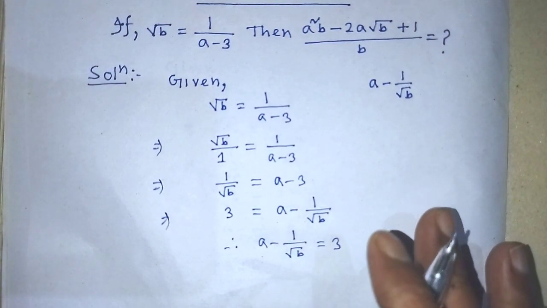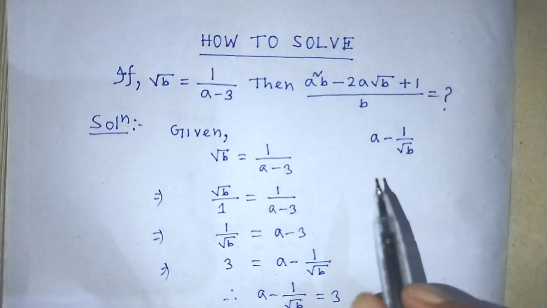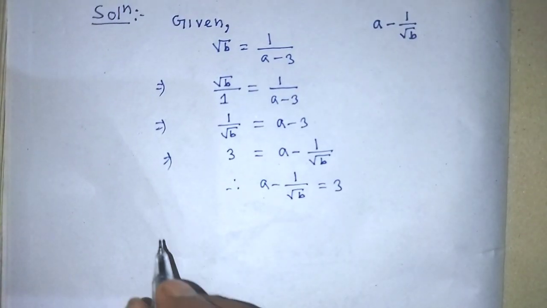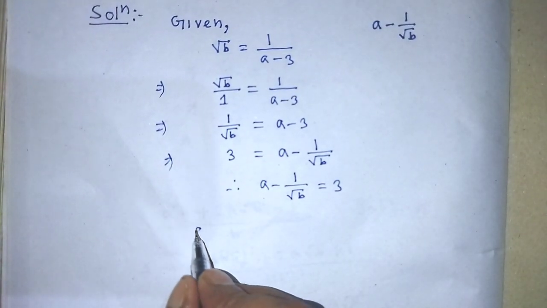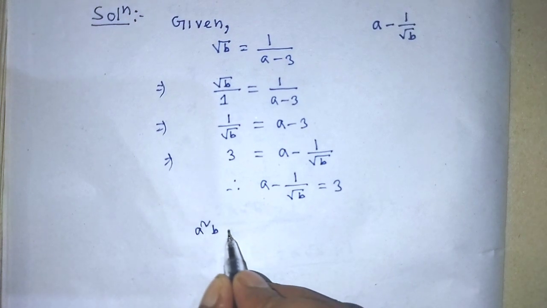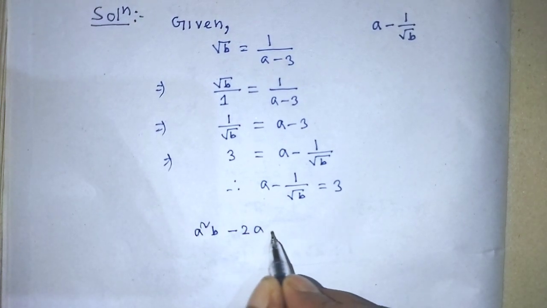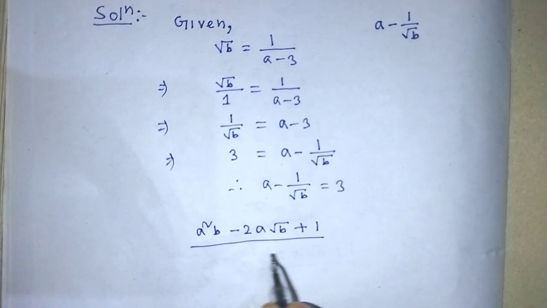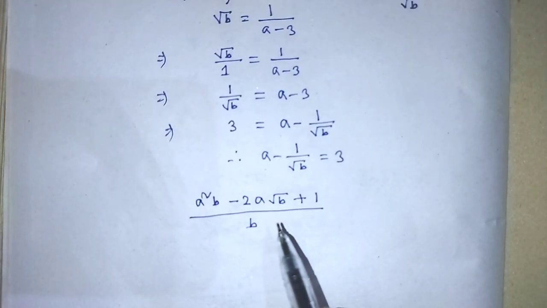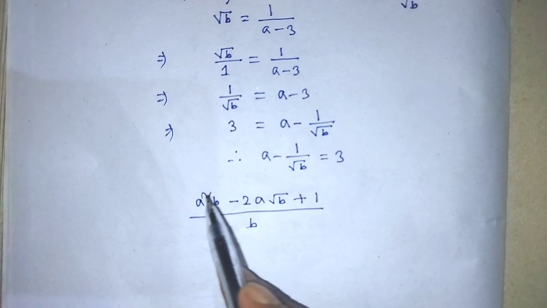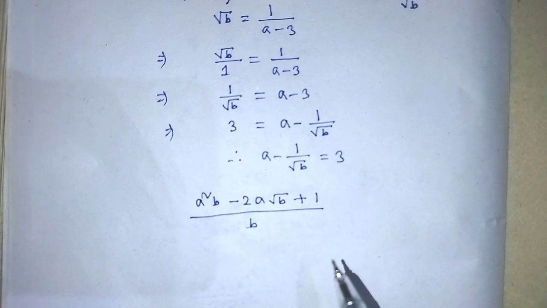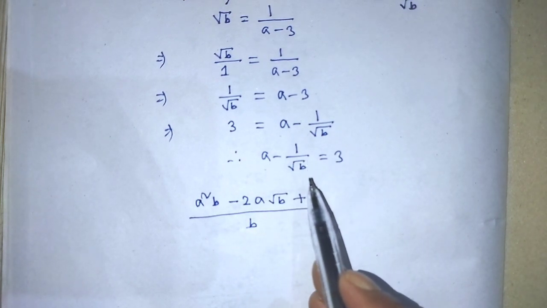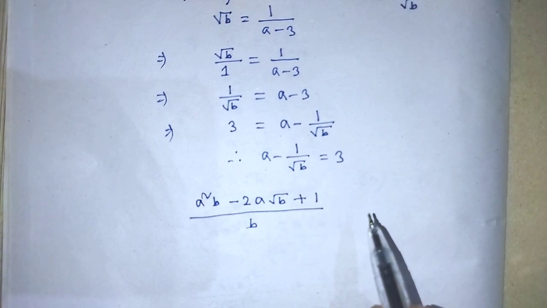Okay. So student, now we have to write this algebraic expression. Our algebraic expression is a square into b minus 2 into a into root b plus 1 over b. To find its value, we have to arrange this algebraic expression in the form of a minus 1 over root b. Then we are able to find the value.